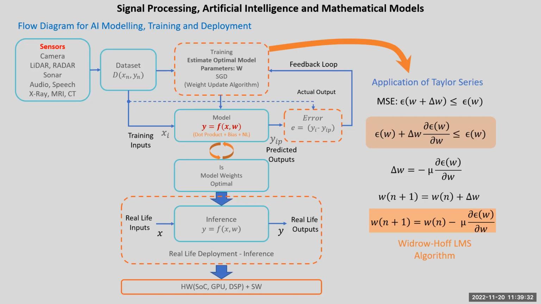Now here, in this lecture, we saw the various aspects of artificial intelligence and various subjects involved. So basically, AI is a collection of various subjects, right from sensor technology, signal processing subjects like speech processing, audio processing, image processing, video processing, training algorithms which involve the Widrow-Hoff LMS algorithm, which is a subject of adaptive signal processing, and then various frameworks.